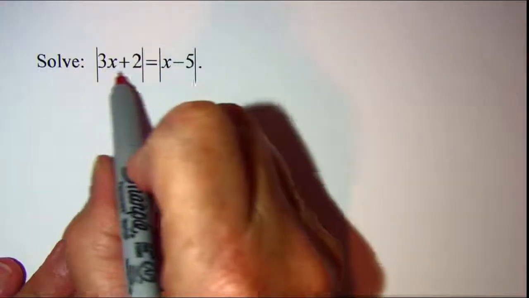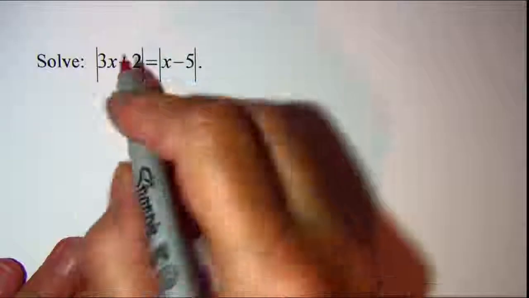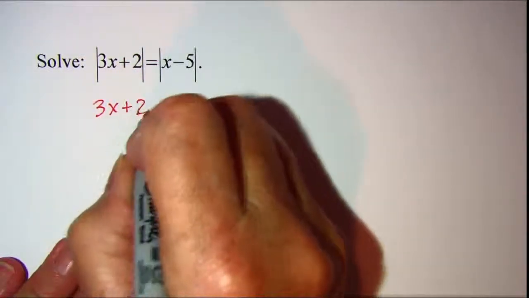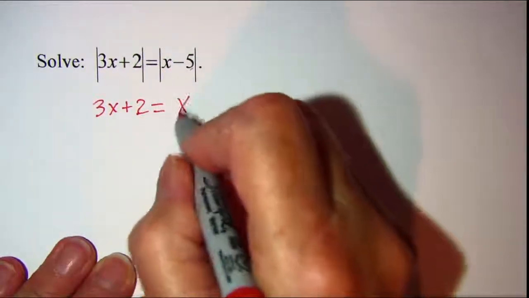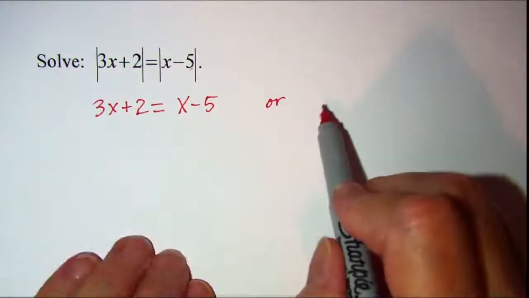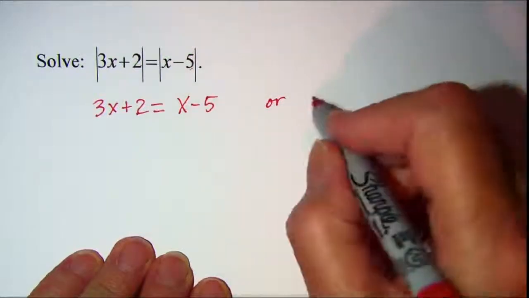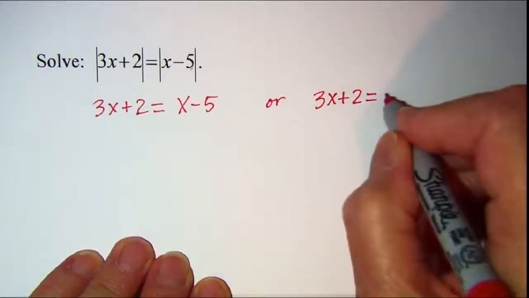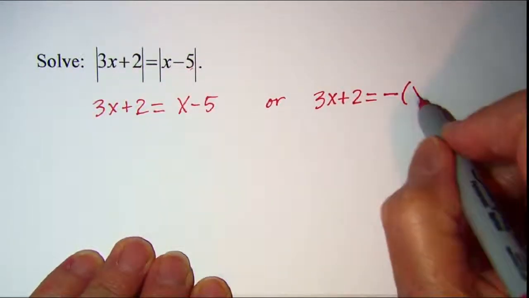I'm going to grab the argument inside the absolute value on the left here, and I have 3x plus 2 is equal to the positive x minus 5, or, and then our second equation, we grab that argument again, 3x plus 2. And that'll be the negative of the argument here inside, so x minus 5.